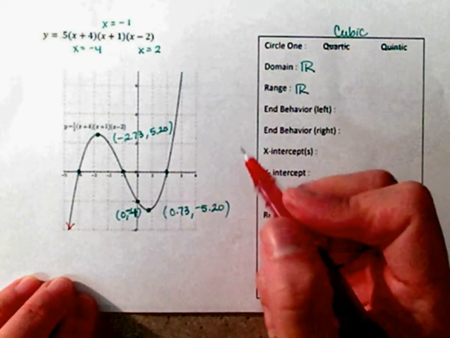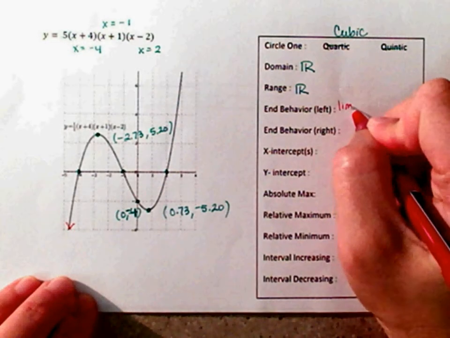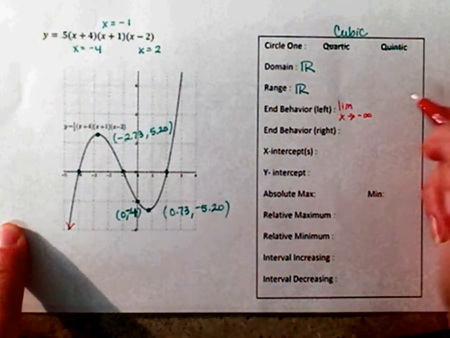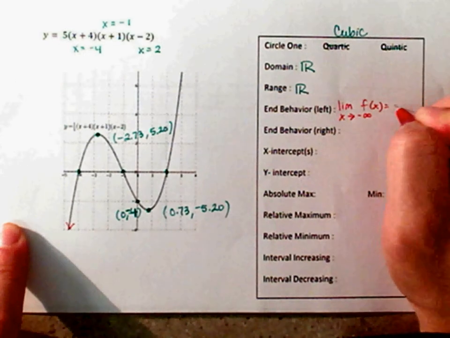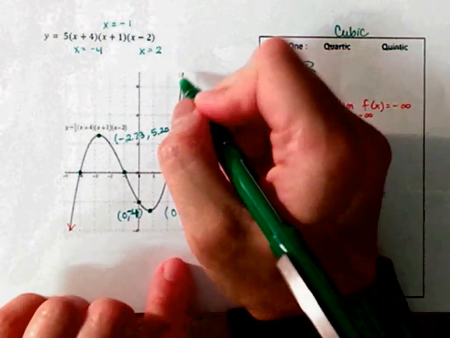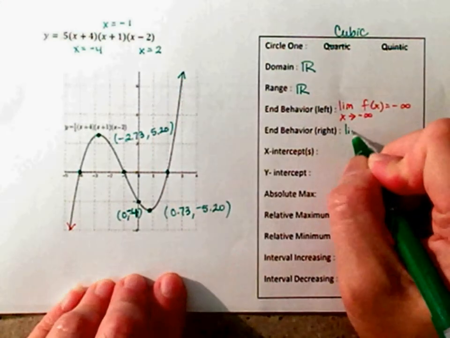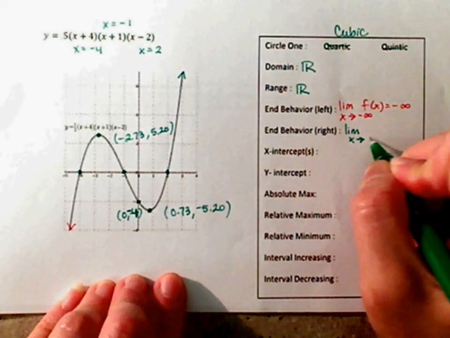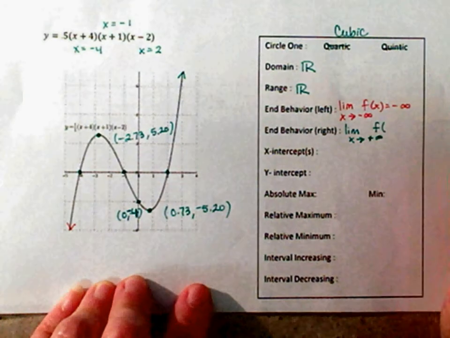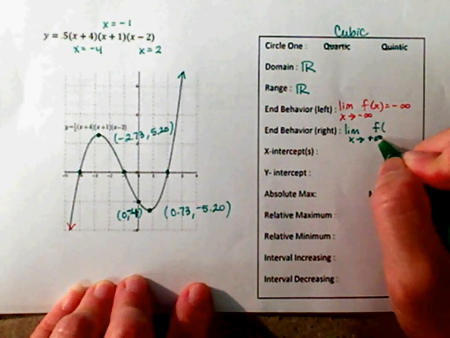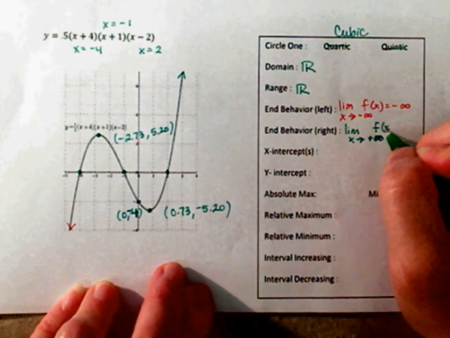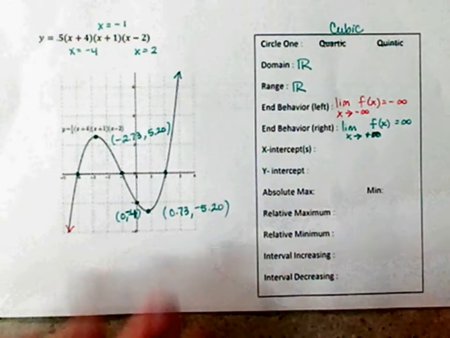As this one is heading toward the negative infinity, it's heading west, it is going south, which is negative infinity, okay? Right hand side right here, if that one's going left, this one's going to the right, so this one should be positive infinity. As x is heading toward the positive infinity, where is it going? It's going north, so that makes it positive. This is a positive infinity.